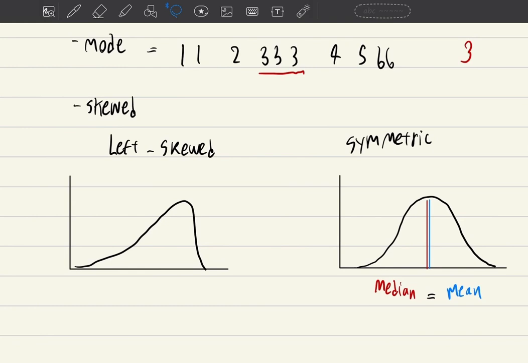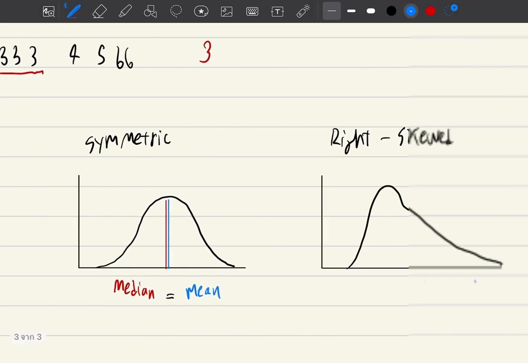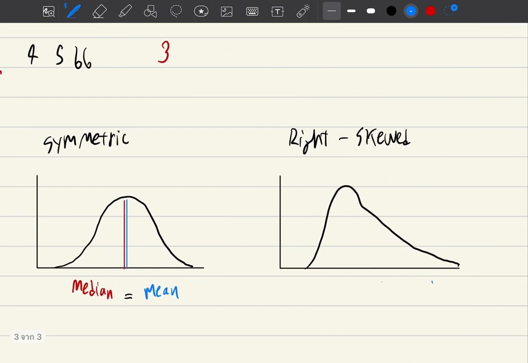And the left skewed shows us that the mean is less than the median. Mean is less than median. So the curve is going to be like this. And the last part is right skewed.